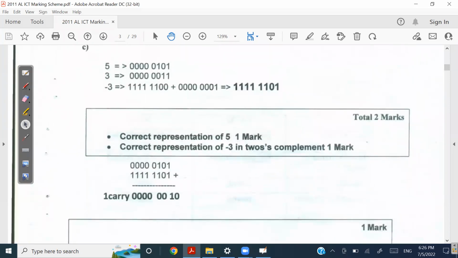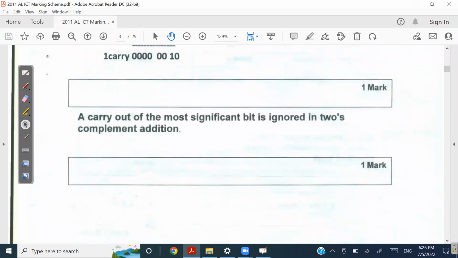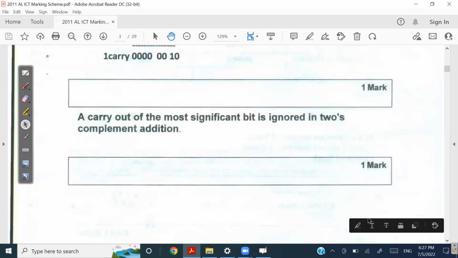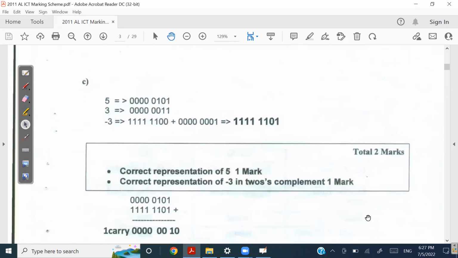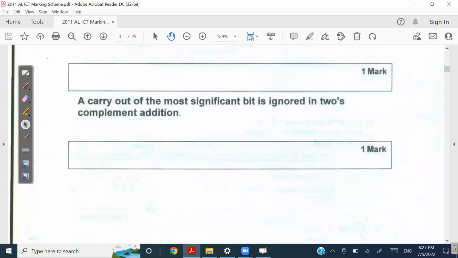So 2 marks for the representations, 1 mark for the calculation. And then saying the carry out of the most significant bit is ignored in 2's complement addition, it is given an additional 1 mark. So altogether for that part, you will be given 4 marks: 2 marks for the representation, 1 mark for the addition, and 1 mark for saying that the most significant bit carry is ignored in 2's complement addition.